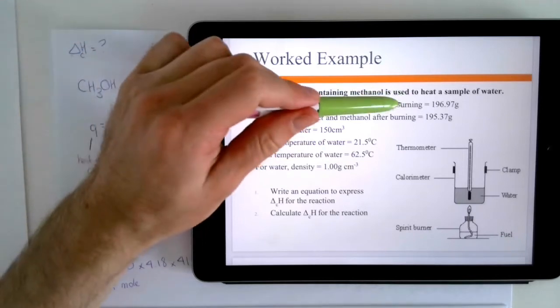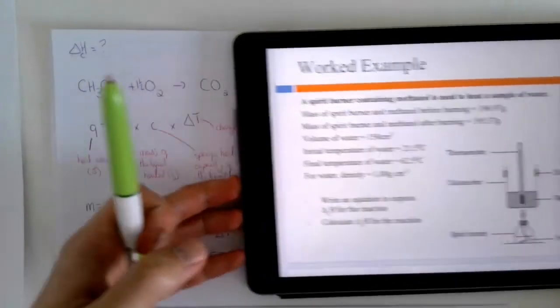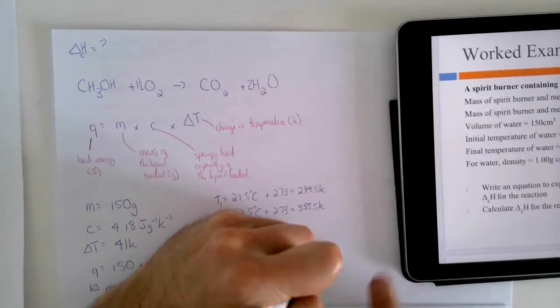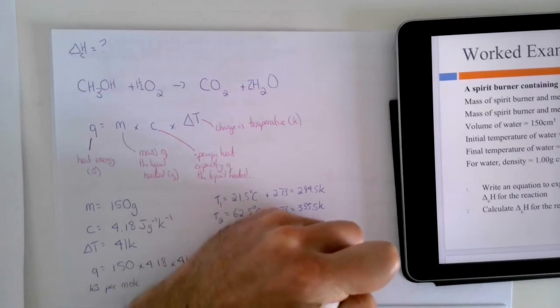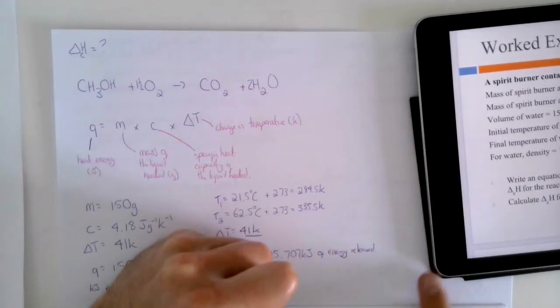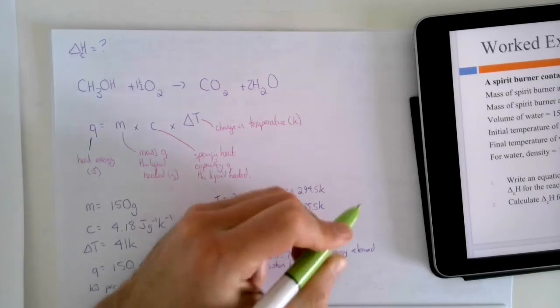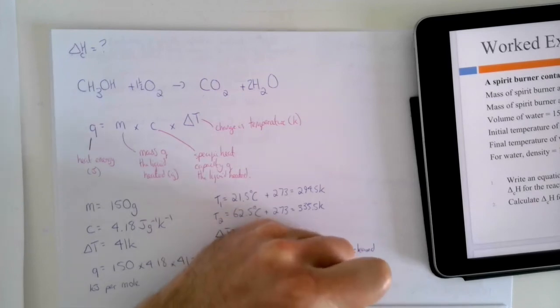So the difference between these two numbers, if I work it out now, 196.97 minus 195.37 gives me 1.6 grams. So 25.707 kilojoules of energy released when burning 1.6 grams of methanol.